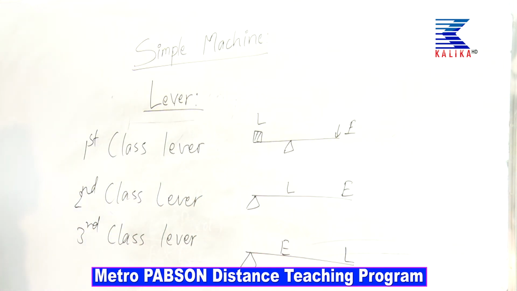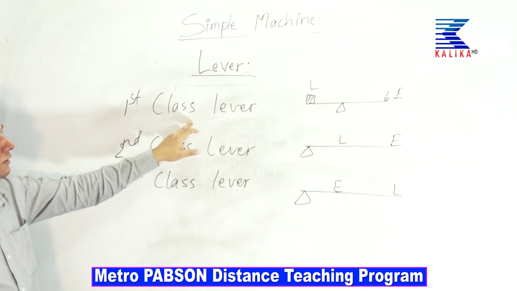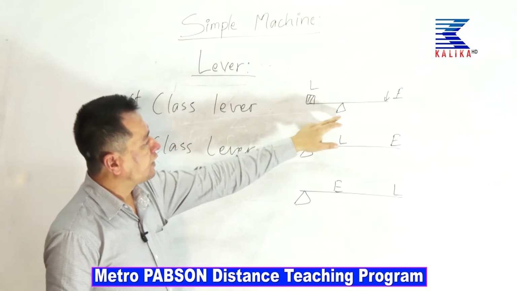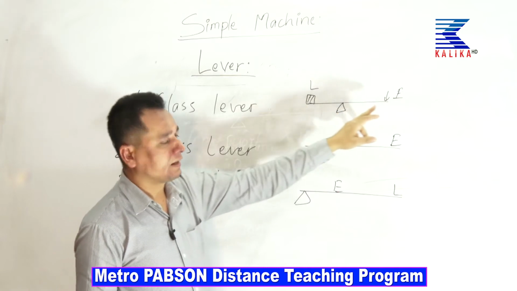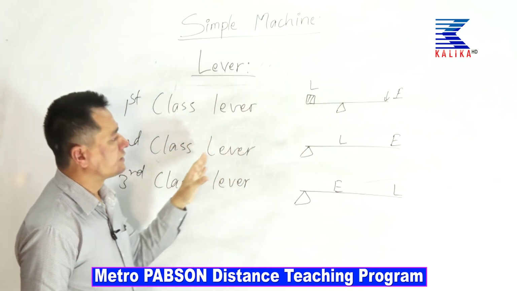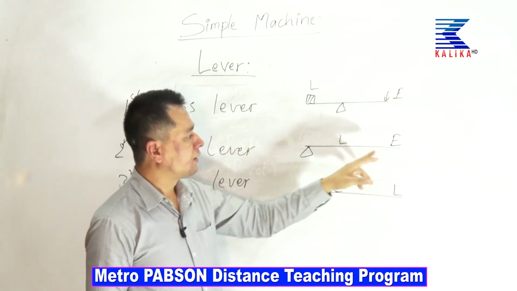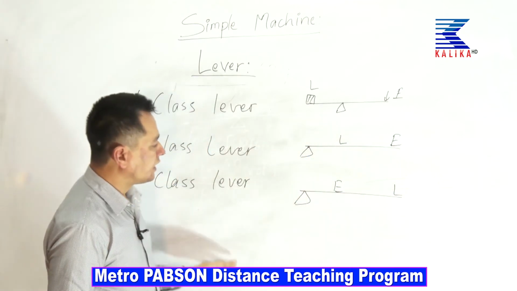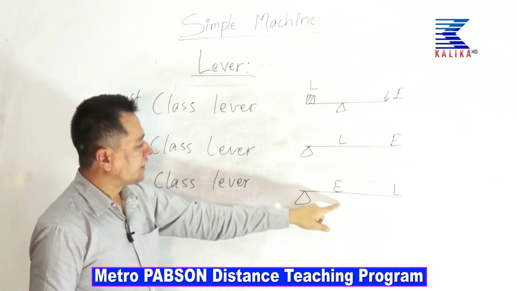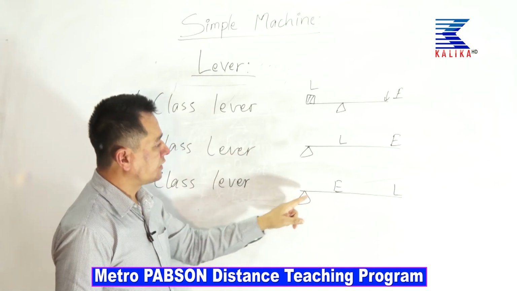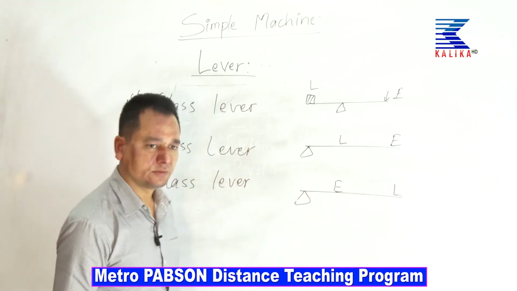So see, in first class lever, fulcrum lies in between load and effort. In second class lever, load lies in between fulcrum and effort. In third class lever, effort lies in between fulcrum and load.